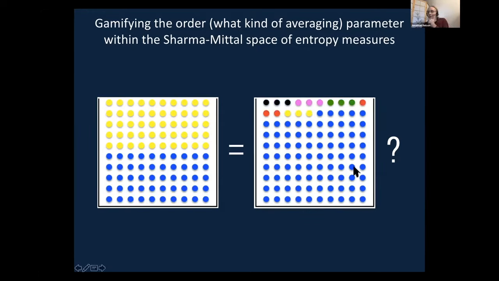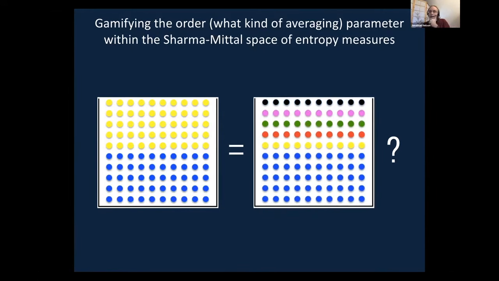Now, what about this case? So now we've got 85, 3, 3, 3, 3, 3 for the probabilities. Is that easier or harder than the 50-50? Basically, we could keep asking you a series of questions like this and try to find a point of psychological equivalence, which for us is a proxy for your understanding of uncertainty or entropy on the task.